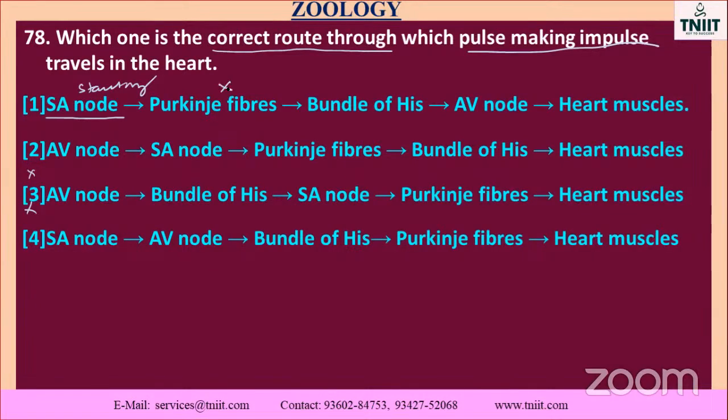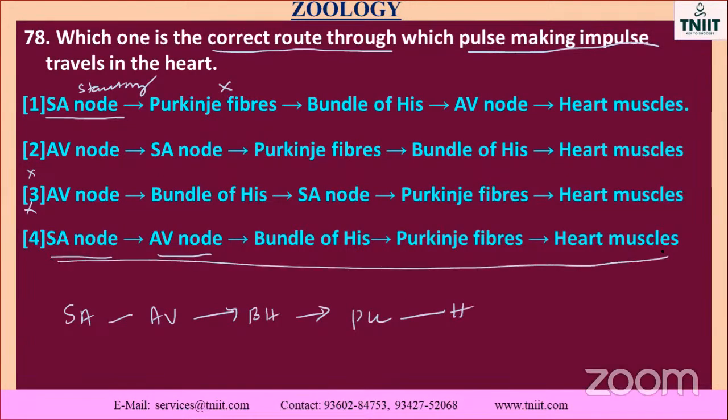No, it is not Purkinje fiber. It is the sino-auricular and then the auricular ventricular node. So the option is the fourth one. Sino-auricular, then auricular ventricular, then bundle of His, and then Purkinje fiber and heart muscles. This is the correct way.